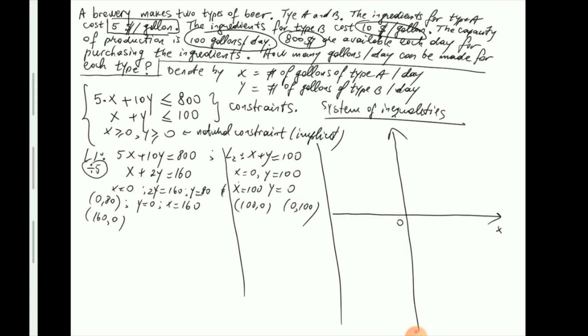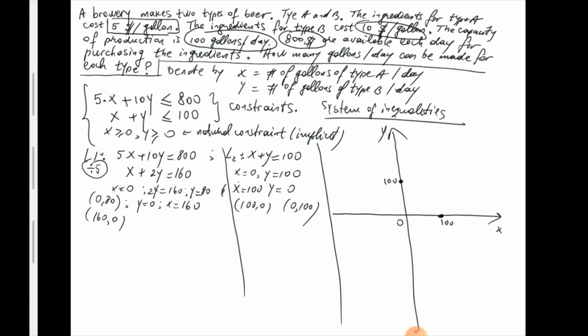And at this point, notice it's extremely important to label these points correctly with respect to each other. So nobody will ask you to count 80 units or 160 units on the coordinate system. But for example, let's start with line number 2, right? So if this is 100, 0, and this is 0, 100, make sure that the other points that come from the other line are in a correct position with respect to 100.